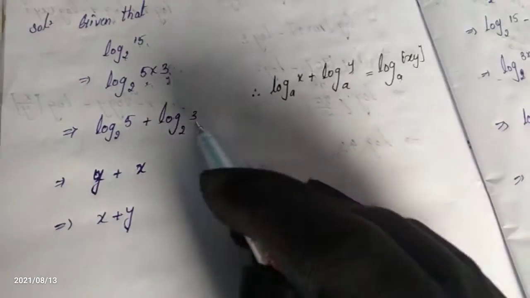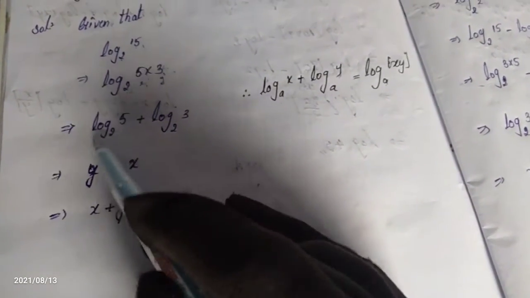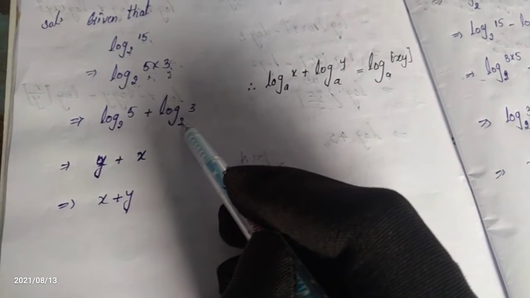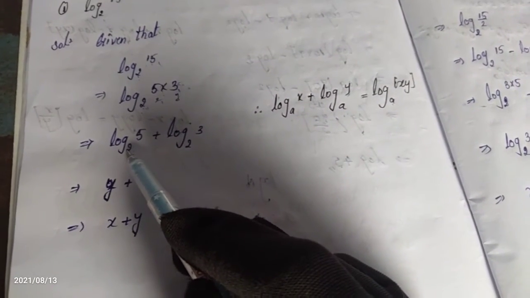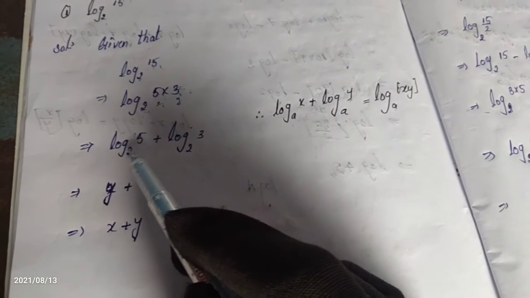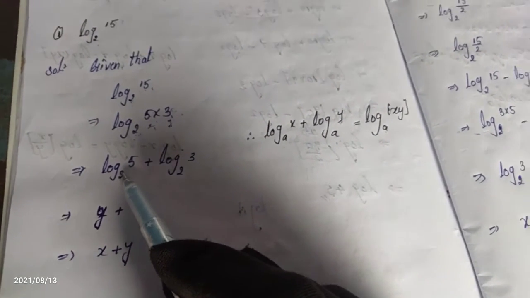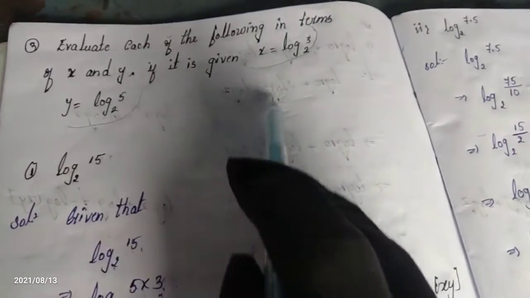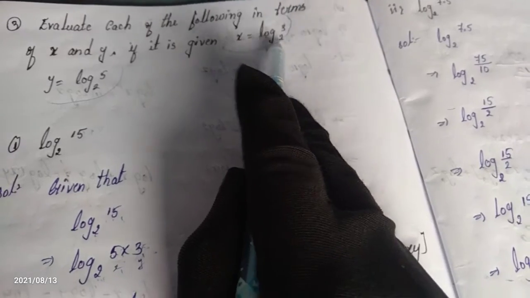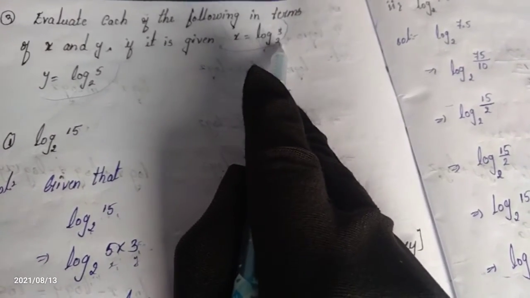According to this formula we are splitting. Can you see after splitting what we get? Log 5 to the base 2 plus log 3 to the base 2. In the question we are given the value of x and the value of y. What is the given value of x? The value of x is log 3 to the base 2.